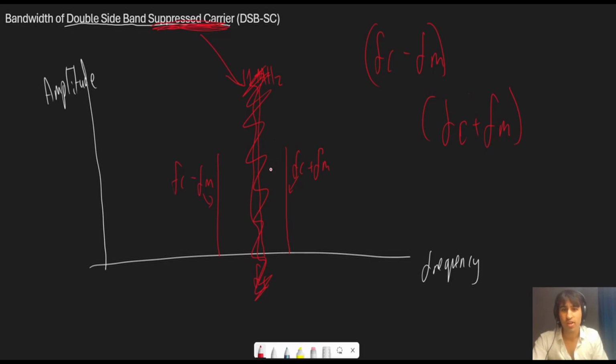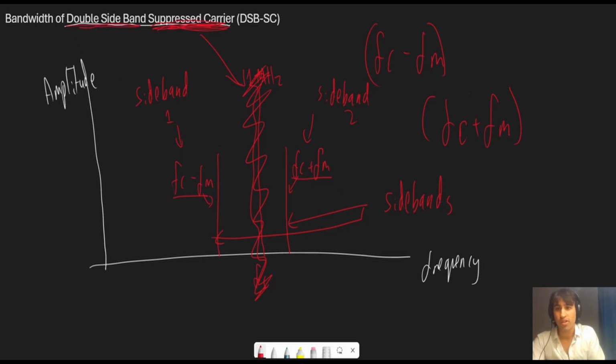So no carrier. Now you can see these two terms here, fc minus fm and fc plus fm. These are known as sidebands. We have two sidebands: sideband 1 is fc minus fm, and sideband 2 is fc plus fm. Because we have two sidebands, we have the word double sideband, and suppressed carrier because the carrier does not exist.